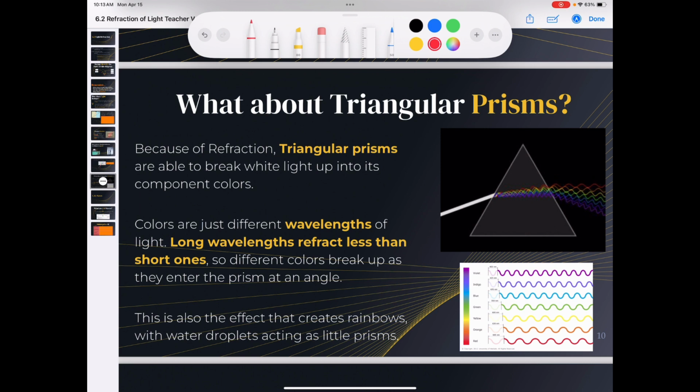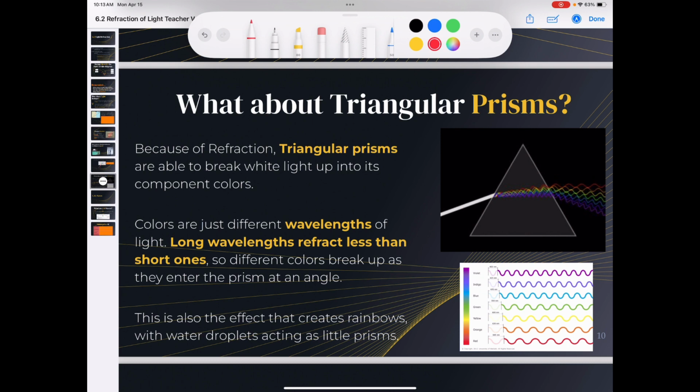Now, what we found is that long wavelengths refract less than our shorter wavelengths do. So as they're moving through the prism, the red wavelengths basically keep going as straight as possible. Well, violet tends to refract the most, and over a distance as it moves across that prism, you get kind of the colors begin to break up.